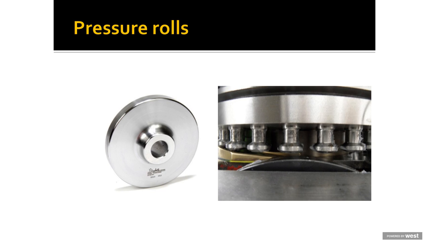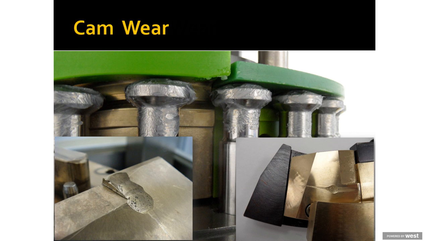And in this case, I'm showing a photo of a pressure roll. They also wear out. And maybe this screen is a little bit difficult, but I have 3 pictures here: bottom left, bottom right, and in the middle are 3 different problems. The bottom left happens from the lower punch being tight.